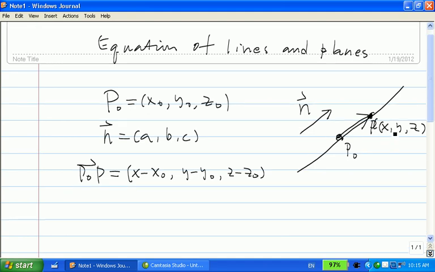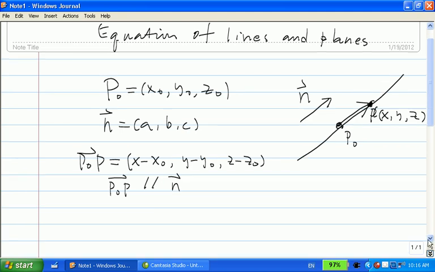If the point P is on this line, then what can we say about those two vectors, P0P and n? Obviously, they're parallel, right?